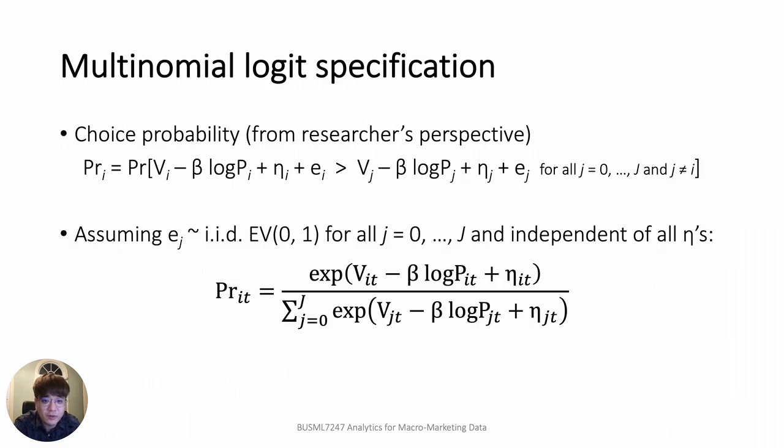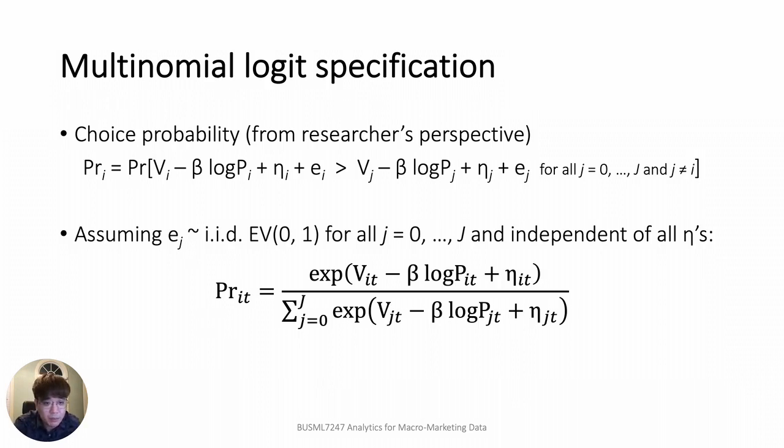This is usually referred to as multinomial logit. This form has been widely used in various studies because it has very convenient mathematical properties. I'm not going to explain all of those properties, but to name a few, first, it is a closed form.